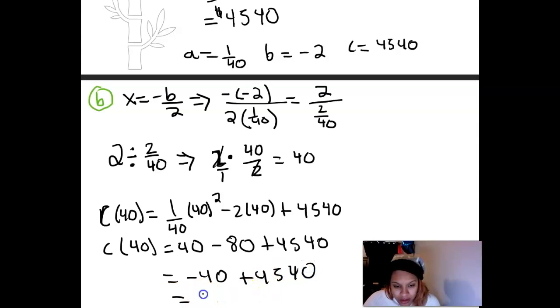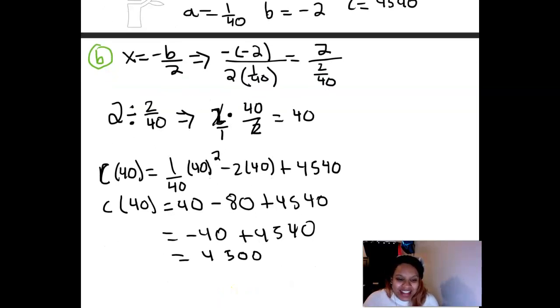If I'm not mistaken, that gives you 4,500. Doesn't write good sometimes. I don't know if it's the pen or if it's me. Let's blame it on the pen. So that gives me the vertex. The minimum cost is 4,500.